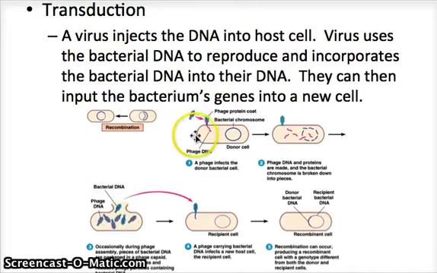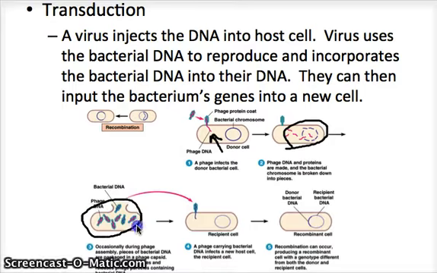The virus right here starts up here in number 1, and then it goes over to where the bacteria is infected. Basically the virus infects the donor bacteria cell and puts its DNA into it. The virus DNA breaks up the bacterial DNA and uses it to reproduce. A bunch of virus babies are made right here, and some of them, these ones with the purple strand, have the bacterial DNA in them.